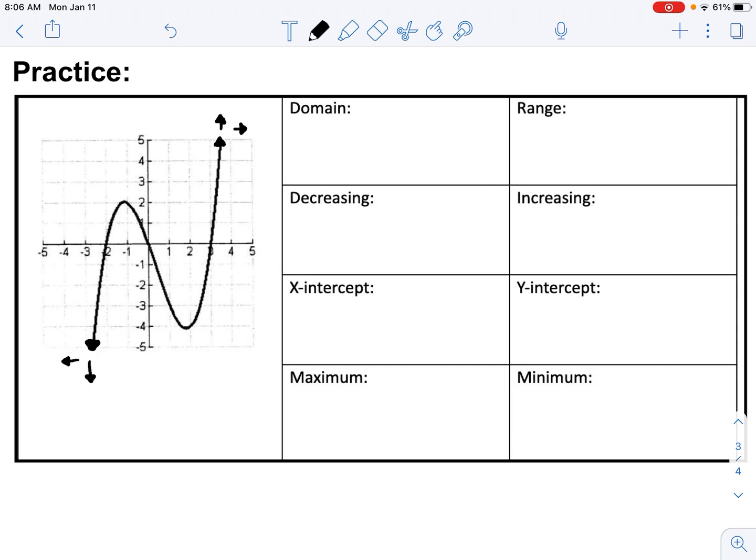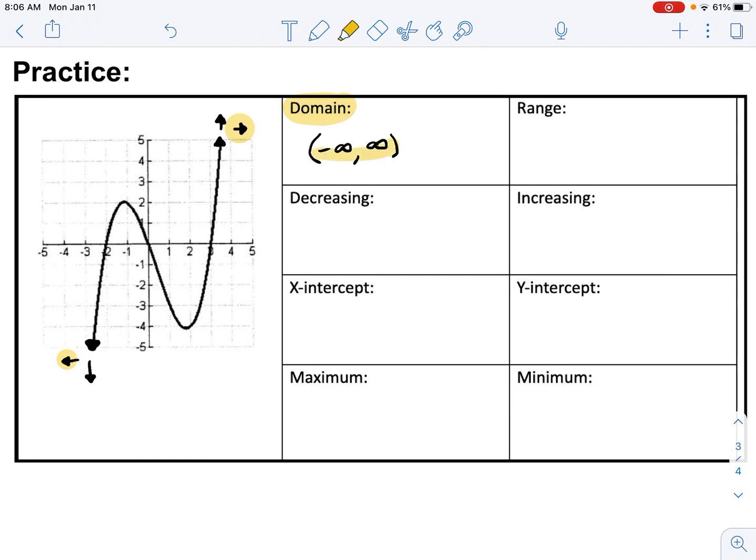So for domain, it is going to be going in its left to right. And because we have arrows going that direction, I'm going to say it's from negative, my smallest, infinity, goes on forever, to positive infinity. And we never actually get to infinity, so I'm using parentheses.